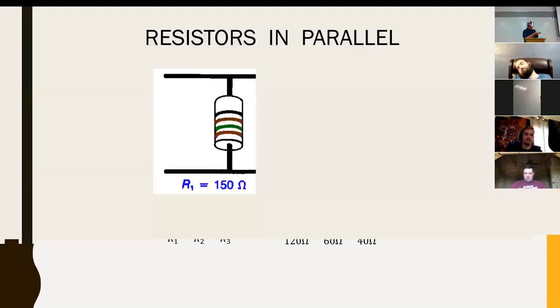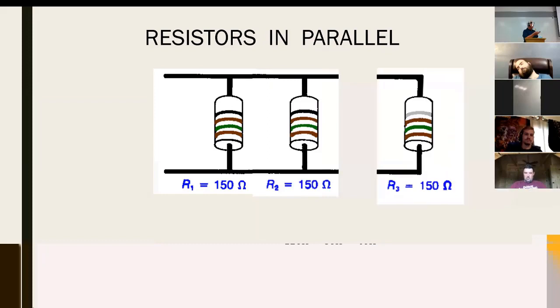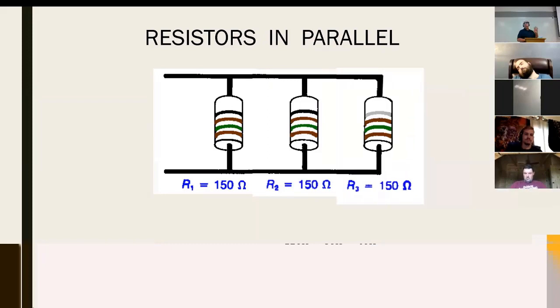All right, so here's a 150 in parallel with 150. Okay, so here's the special rule. Here I have 3 in parallel. I can't use product over sum because there's more than 2.